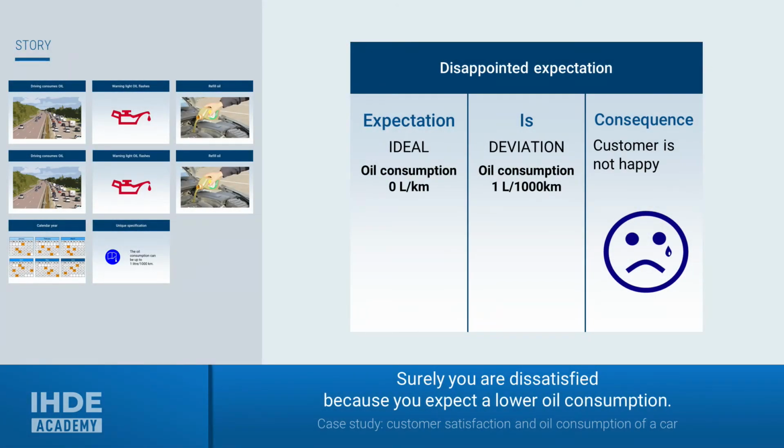Because we as consumers have a very clear idea of what we expect from a product and what we mean by quality. In this case, my expectation is that my car will not use any oil at all, no matter what any specification says. So, if I have to pay for extra oil, I'm not happy.